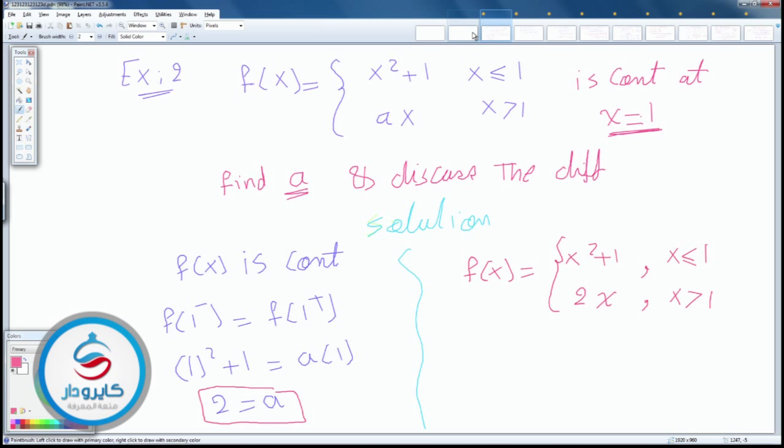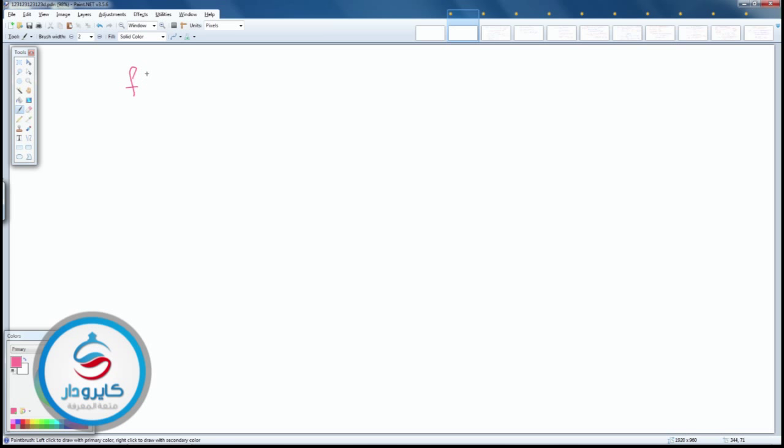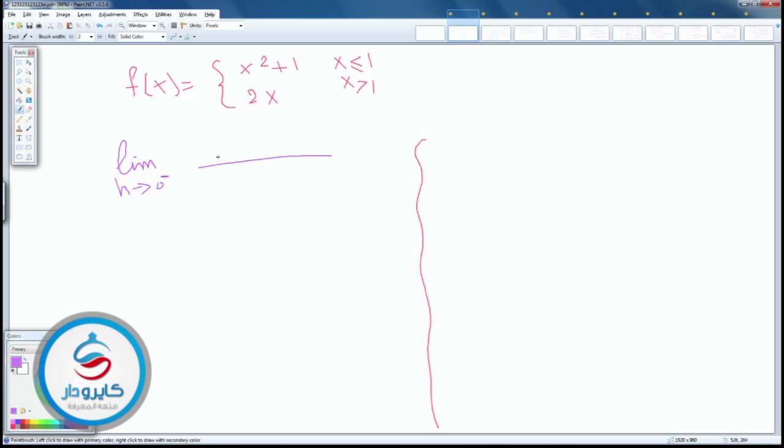طيب, let's discuss the differentiability together. f of x equals x squared plus 1, 2x, هنا كانت ال x smaller than or equal 1 and x greater than 1. جميل. limit h tends to 0 from the left, f of 1 plus h minus f of 1 over h. يبقى limit h tends to 0 negative, f of 1 plus h ده from the left يبقى 1 plus h power 2 plus 1 minus f of 1 which is 2 over h.